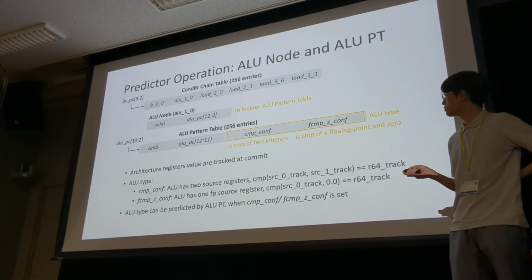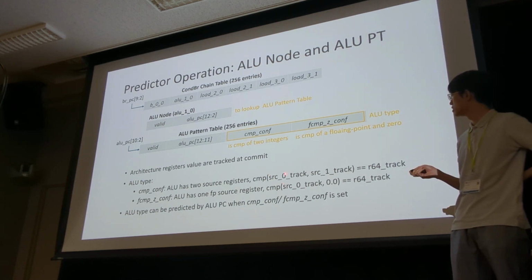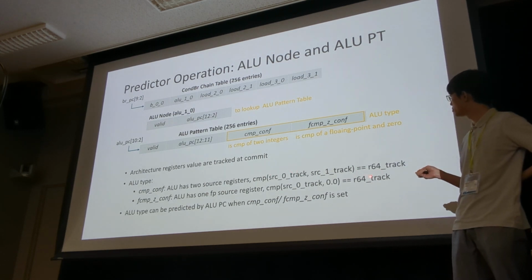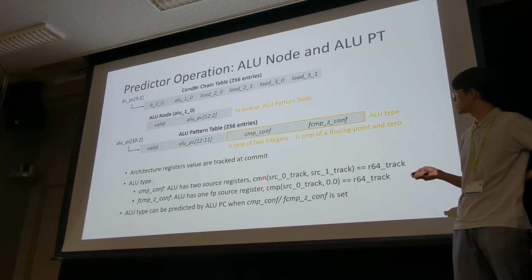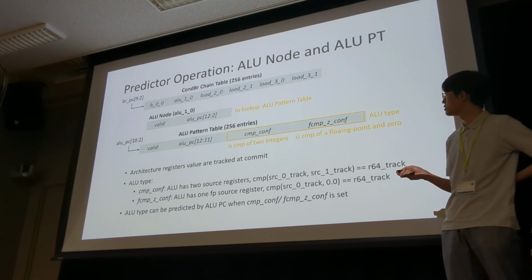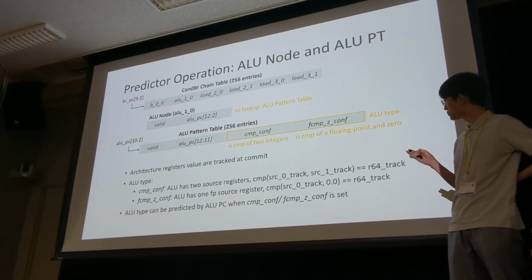The calculated flag register using the tracked source register will be compared with the tracked one. If they are the same, then the corresponding field can be set, and then the ALU type can be predicted by the ALU PC.